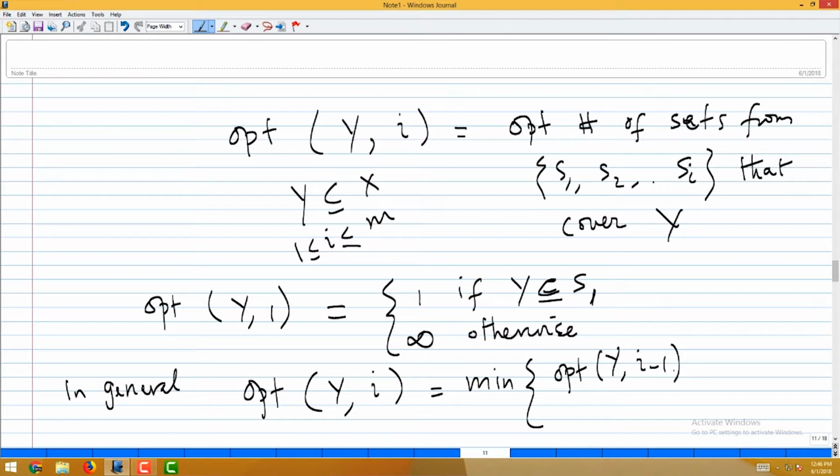Or I need the ith set. So, it is 1 plus Opt of, with the first i minus 1 sets I do not need to cover Y now, Y minus Si. Again I have computed it before, because in my table for every smaller i I have computed it for every subset. So, in particular Y minus Si is also there, I have computed it.